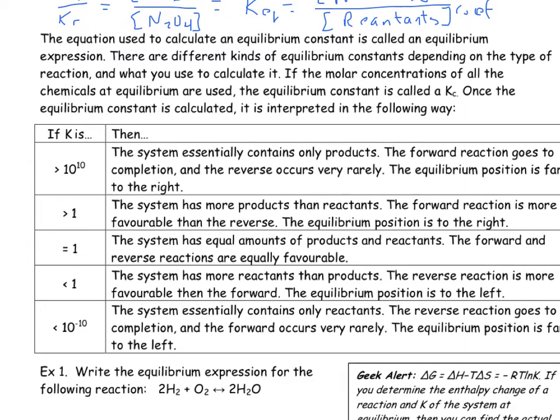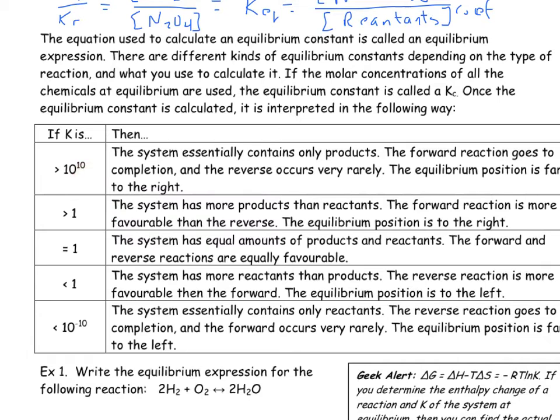If you have a K value that is greater than 1, it means that the system has more products than reactants. The forward reaction is more favorable than the reverse. This can also be described as the equilibrium position being to the right. The cutoff is if your K value is greater than 10 to the 10.